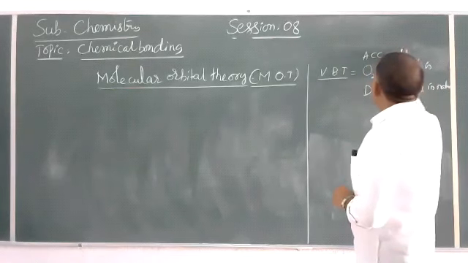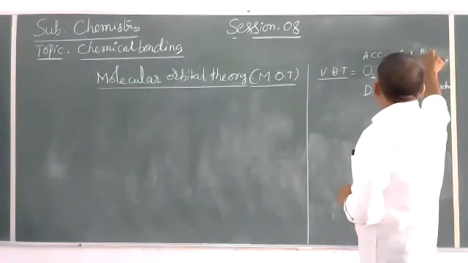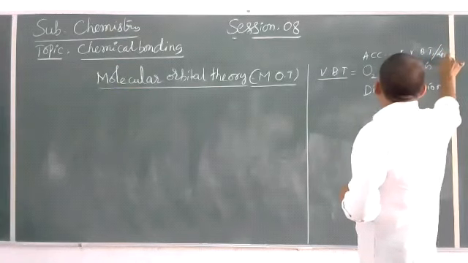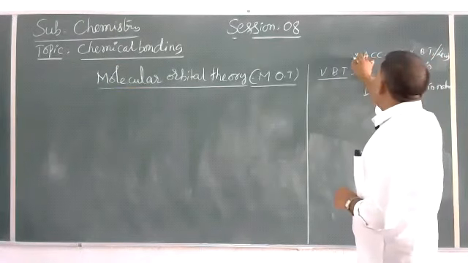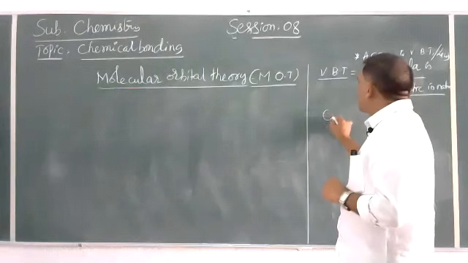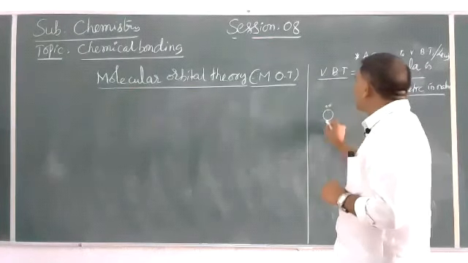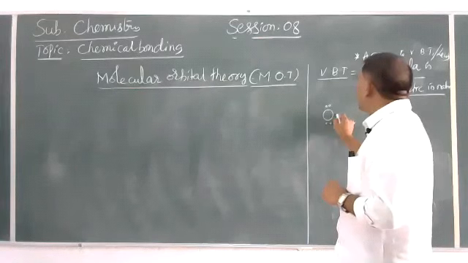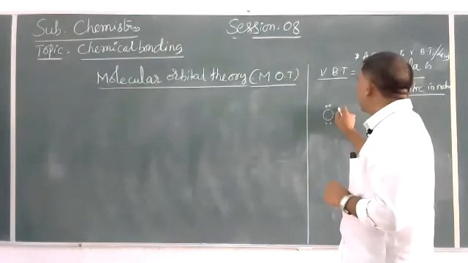According to VBT and the Lewis concept, your O2 molecule is diamagnetic in nature, because in the Lewis dot structure the oxygen molecule is formed by two oxygen atoms.